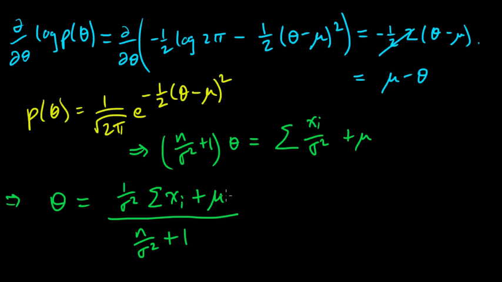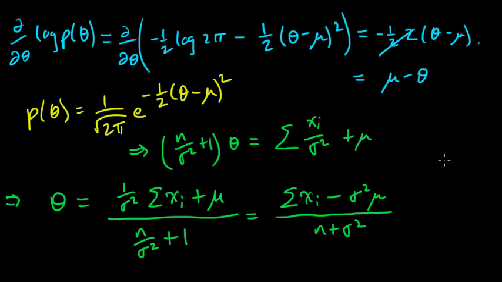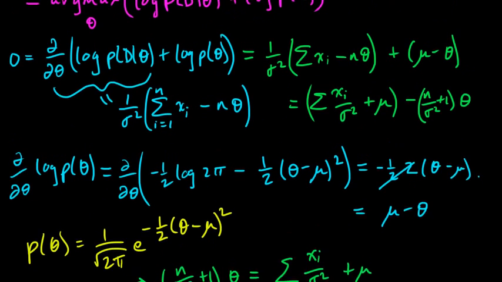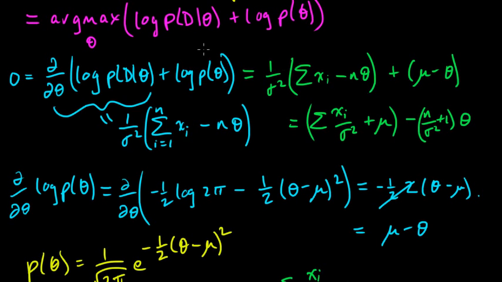Let's multiply through by sigma squared, so maybe we can make this look a little prettier: n plus sigma squared. And this is our expression for a critical point of this expression.